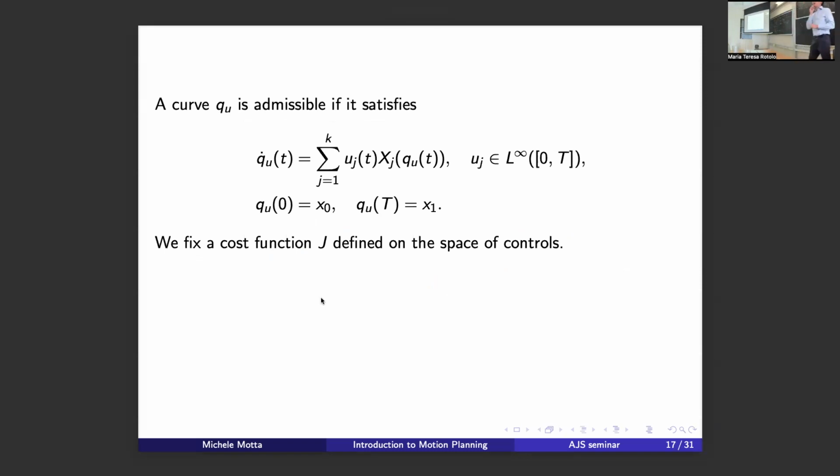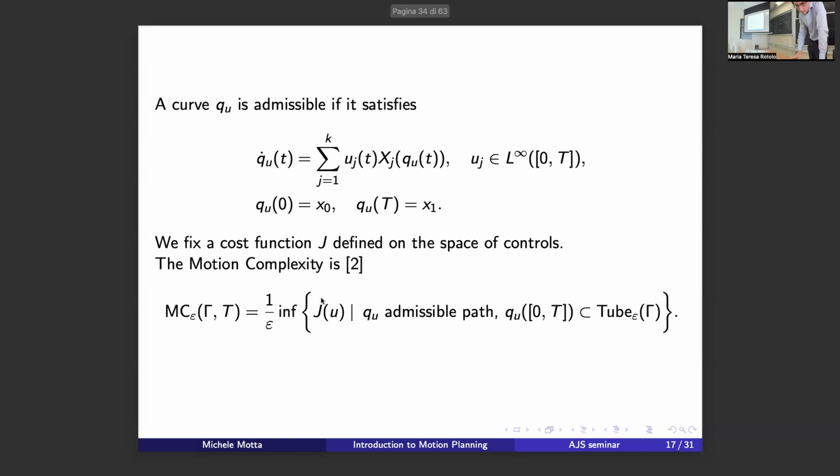So the velocity of the curve must be a linear combination of the admissible vector fields. And in order to measure the complexity, we introduce a cost function. And one possible definition of complexity for the curve gamma is the following one.